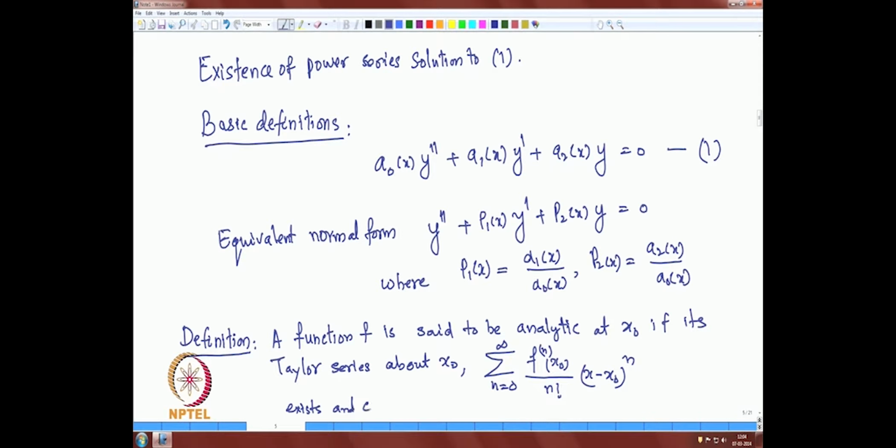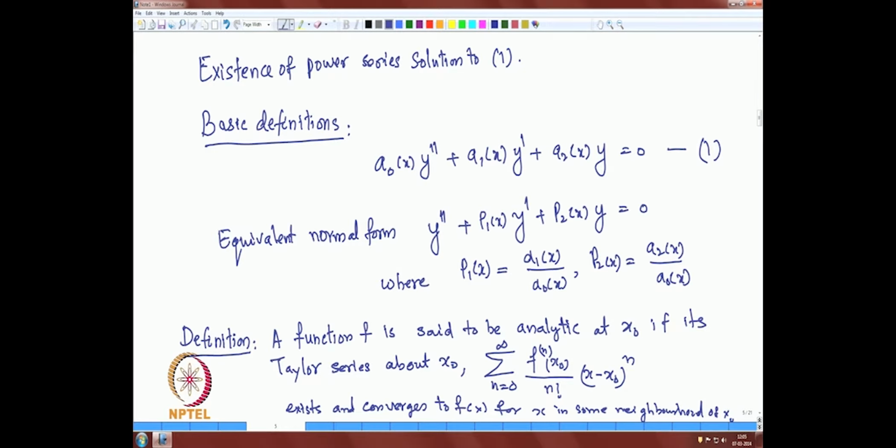and converges to f(x) for all x in some neighborhood of x0 containing x0.